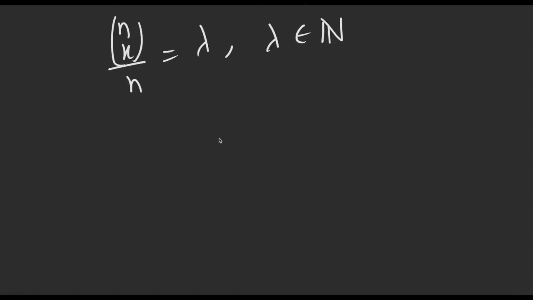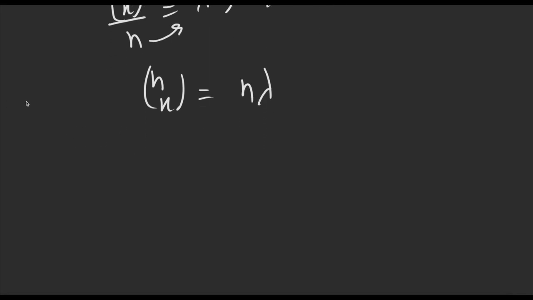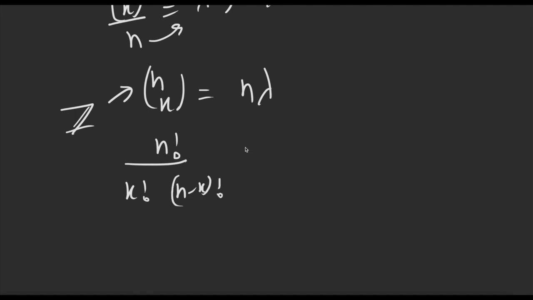So now, if you take this on that side, we have n choose k is equal to n times lambda. Now let's expand n choose k, and as we know, n choose k is an integer, and n choose k can be written as n factorial divided by k factorial n minus k factorial, and that is an integer.